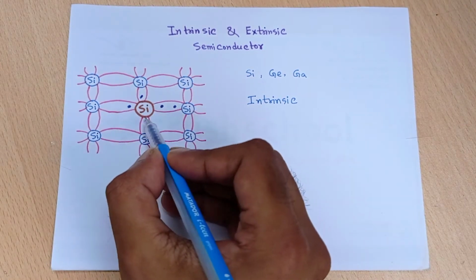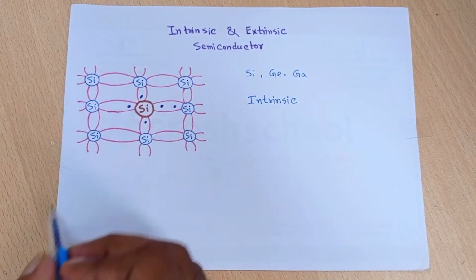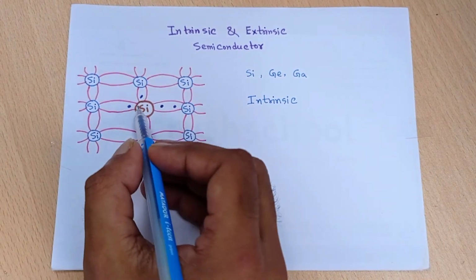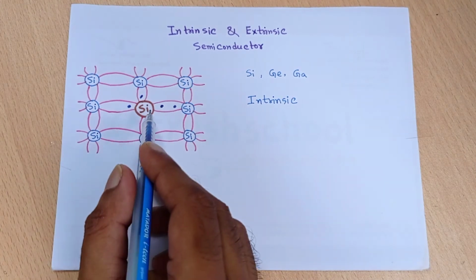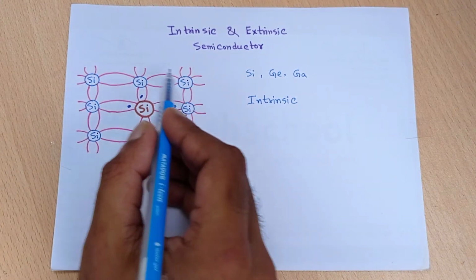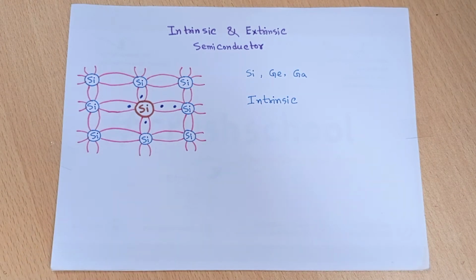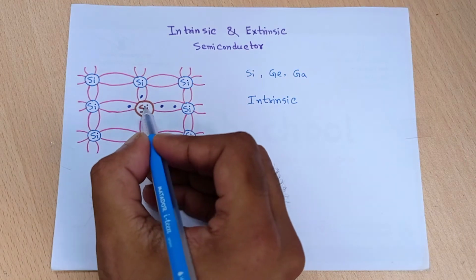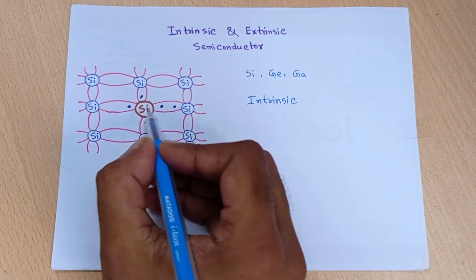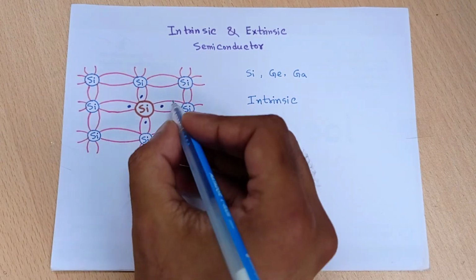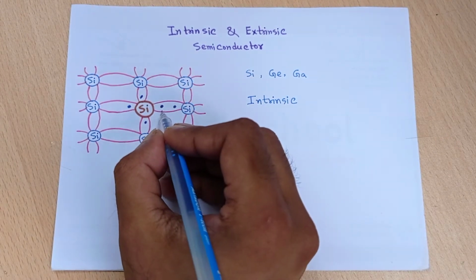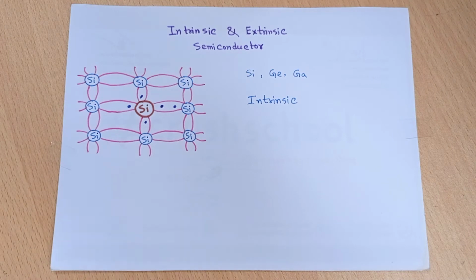Okay, here these 4 are the outer shell electrons of a silicon, and this silicon is actually pure silicon. There is no impurity because I do not show any impure material like boron, arsenic or antimony. So this central silicon can easily make a covalent bond with another silicon, and they share only 2 electrons to create the covalent bond.